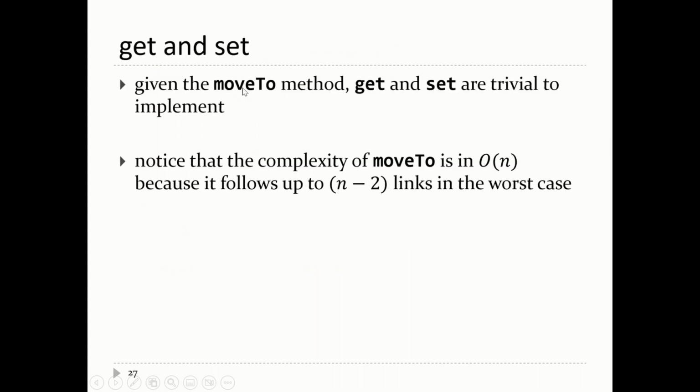Okay, so once you have get and set, once you have move to, get and set are now trivial to implement. So if you want to get the value of the list by an index, you just call move to the node, and then look at the element that's in the node.